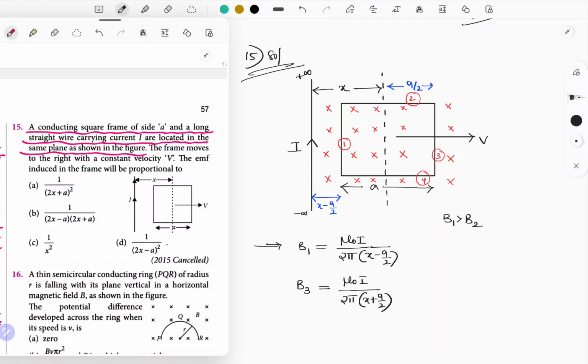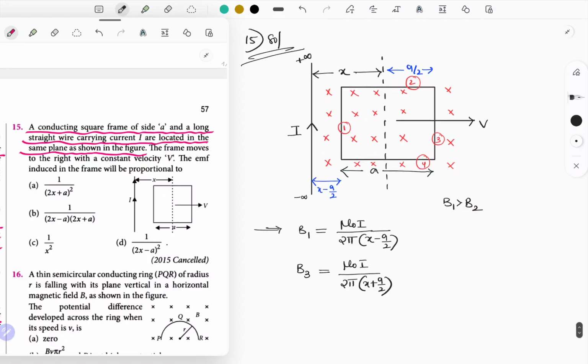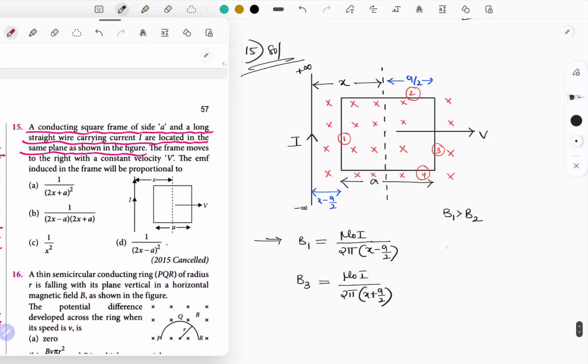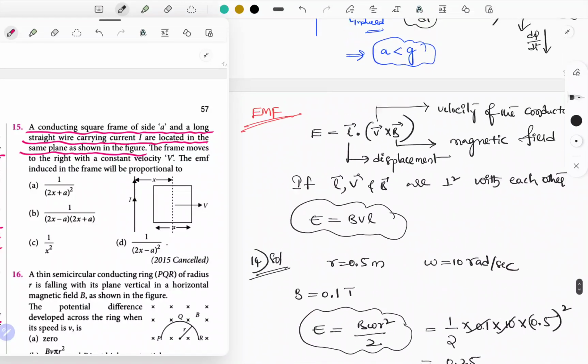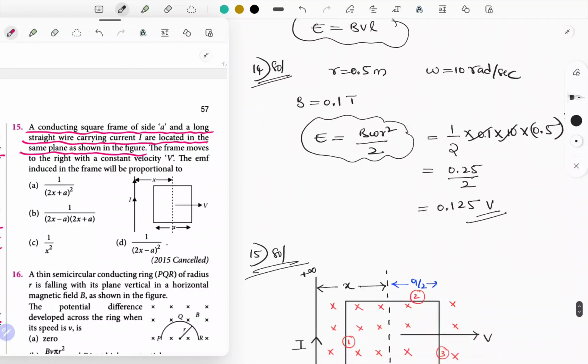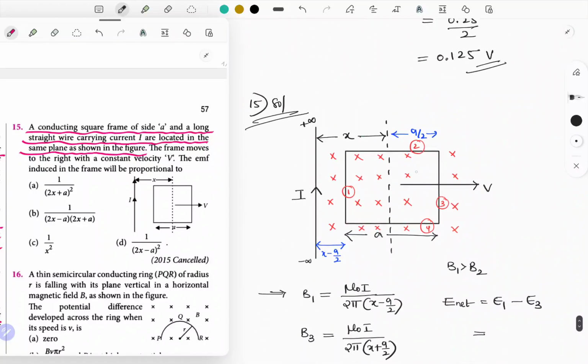Then I have to find out the net induced EMF. On which conductor will EMF be more? Definitely on the first conductor. So E net is equal to E1 minus E3. Yes, it is. As I said earlier, when B, L, V are all perpendicular to each other, just check out: this magnetic field is into the board, length of the conductor is assigned like this and V is towards the right.